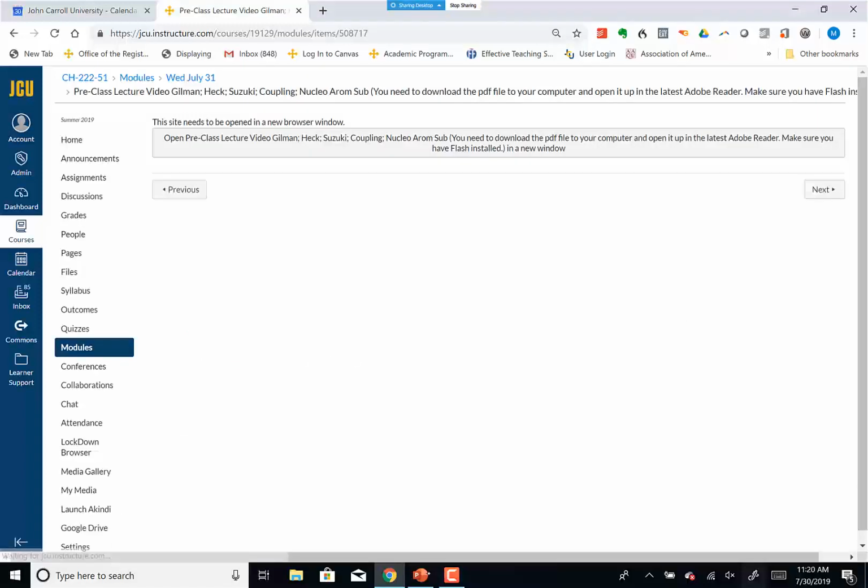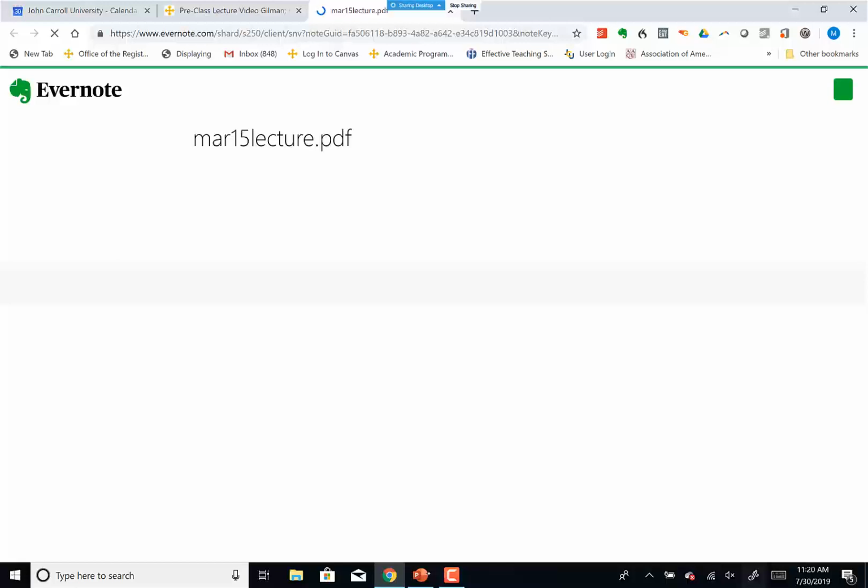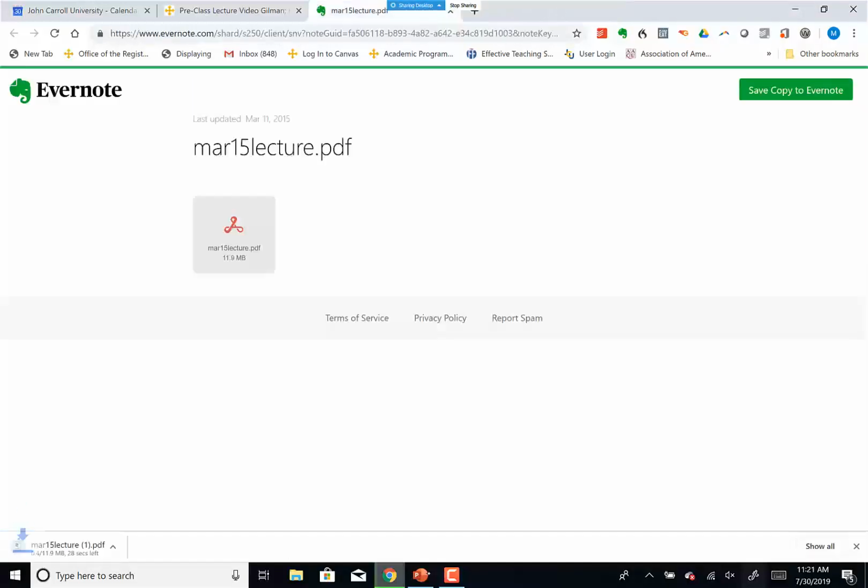When you click on it, it will take you probably to my Evernote account. And then when you click on the Evernote file, it will download it to the computer. Once it downloads, if you're in Windows, or whatever your browser is, if you try and open it up here, I do not believe that it will necessarily give you the option to listen to it.